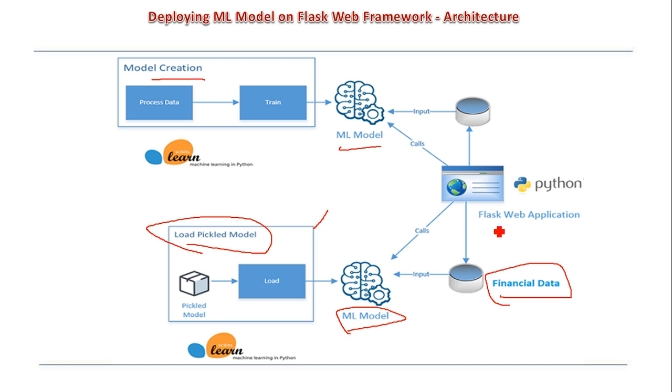This is my Flask framework, and here I am loading the pickled model. For splitting the data and evaluating the performance of the model, I use the sklearn library. I use sklearn only. This is the architecture of my project.